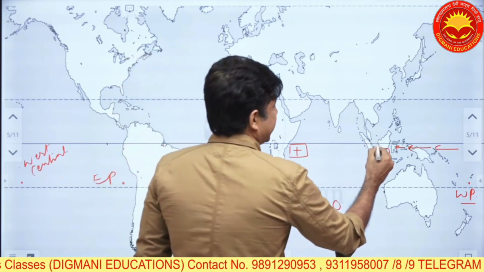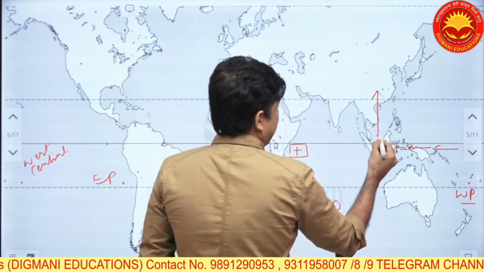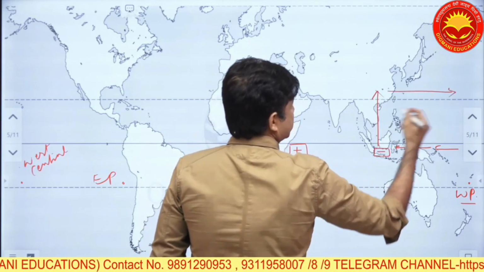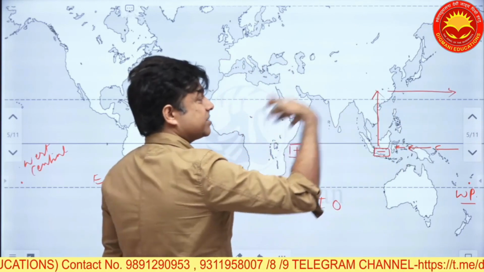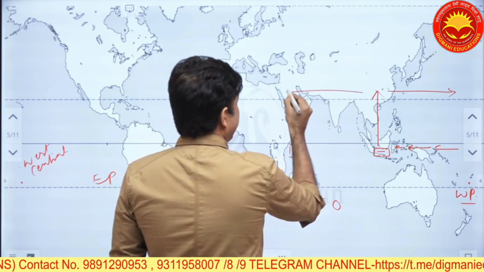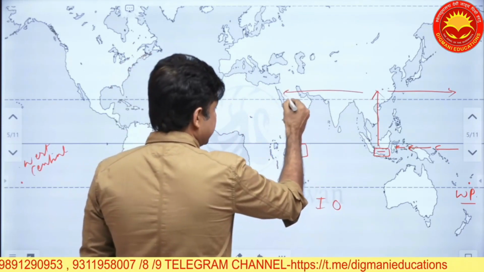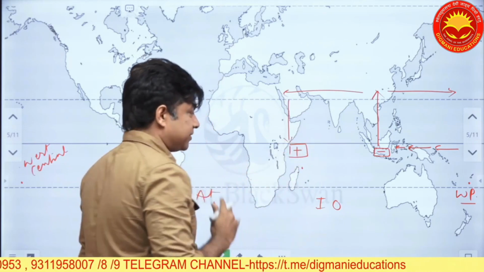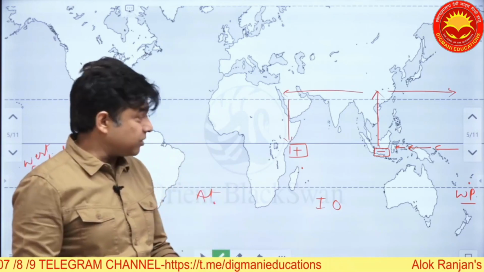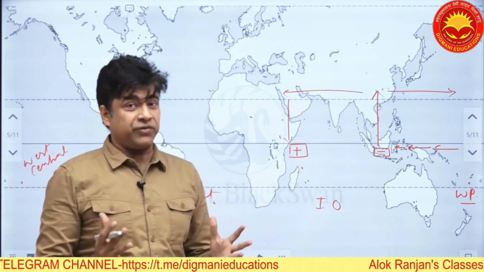So here the air begins to rise, and the same air is diverted towards Tahiti or the Eastern Pacific, and another band of air is diverted towards Somalia. At Somalia the air is sinking, and this is how we have high pressure along Somalia, which we can call the Western Indian Ocean.